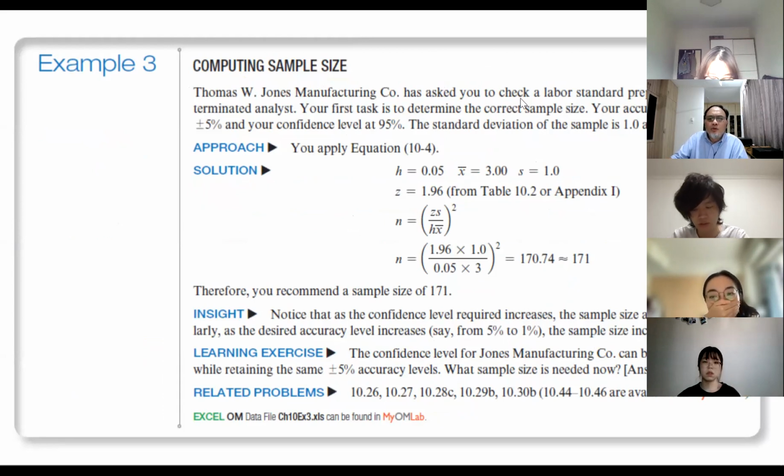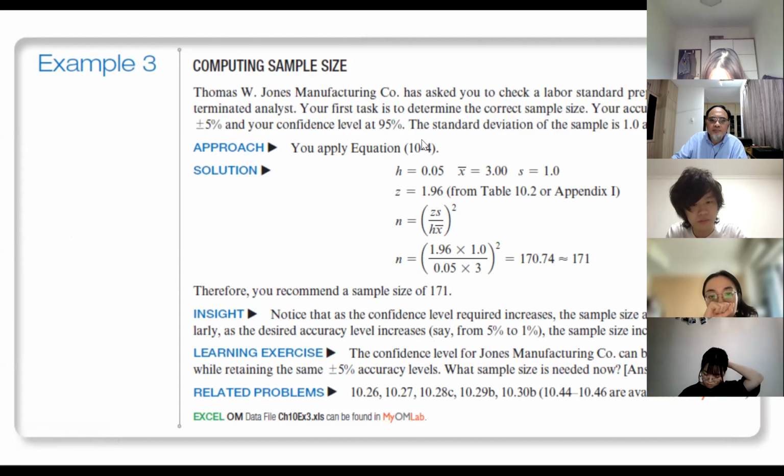So you want to check the standard prepared by some analyst, and you want to know the correct sample size. The company decides that your accuracy level is plus minus 5% and your confidence level is 95%.